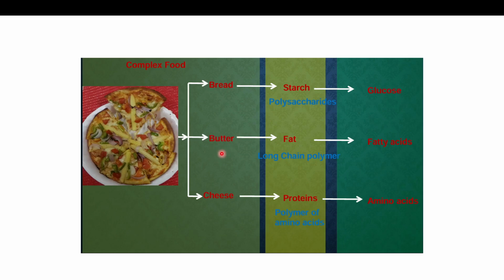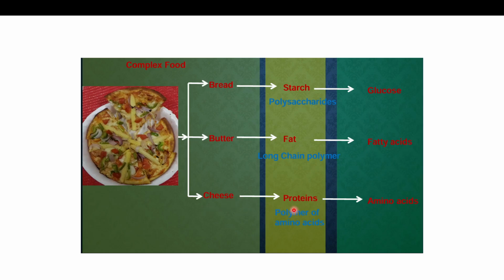Then butter, the food that we intake, is a fat-rich food with long chain polymers of fatty acids and glycerol and glycerides. Eventually, smaller and simpler molecules are formed upon digestion of butter or butter-like substances to give rise to fatty acids.